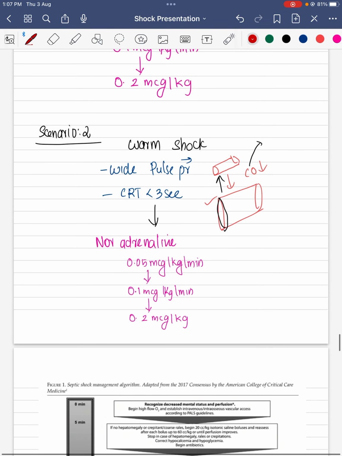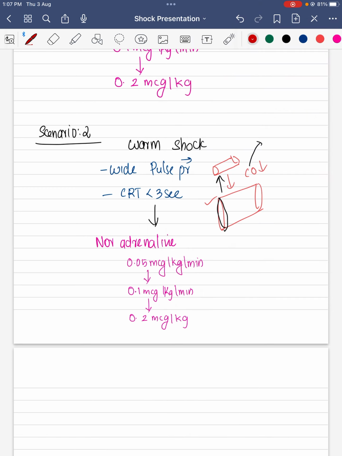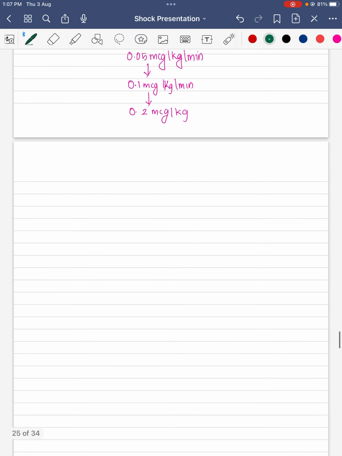So now you know, when a patient came and it is cold shock as we see in our normal PICU duty, what is the drug of choice? Start with the adrenaline 0.05 microgram per kg per minute. Then okay, you started, now you know the drug of choice.